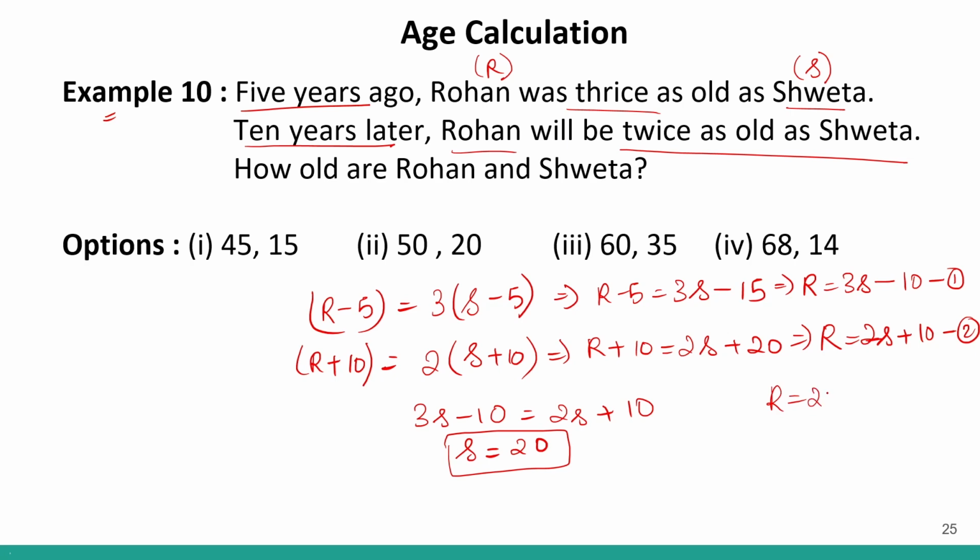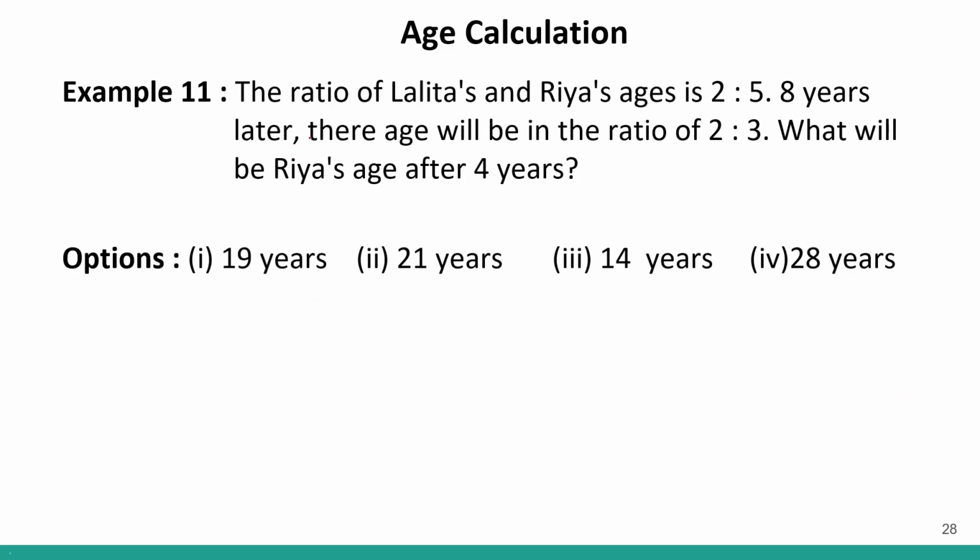So R age will be 2 into S age, which is 20 plus 10. So this will be how much? 2 into 20, 40 plus 10. So R's age will be 50. So the age of S and R will be 20 and 50. This is given in option number 2. So option number 2 will be the correct answer of this question. Clear?